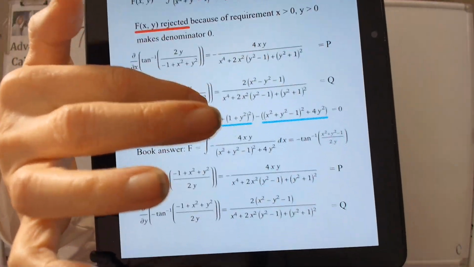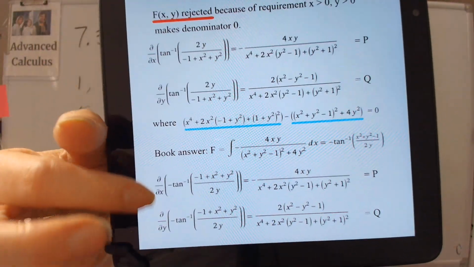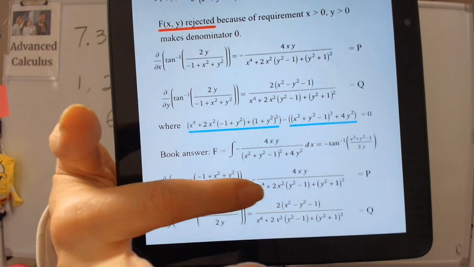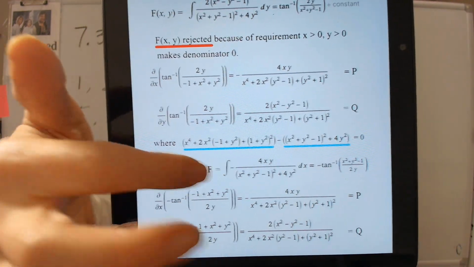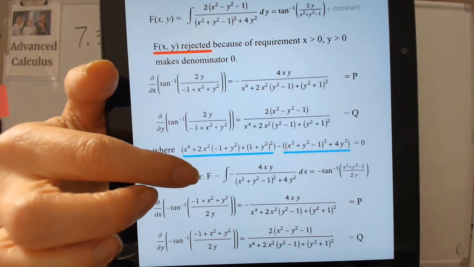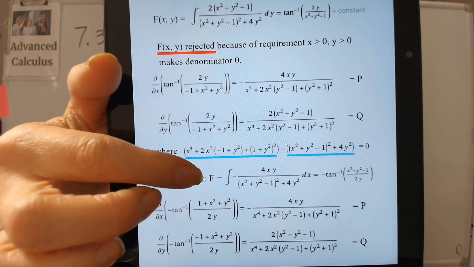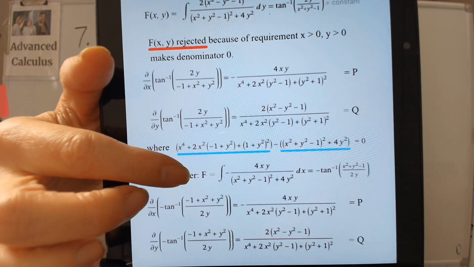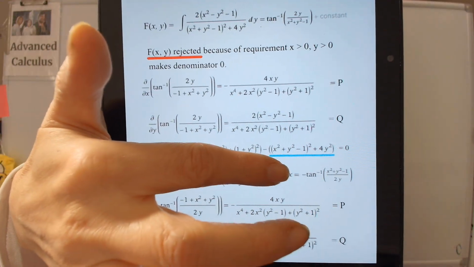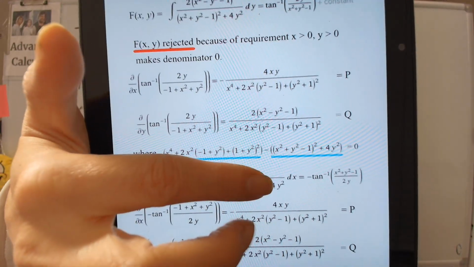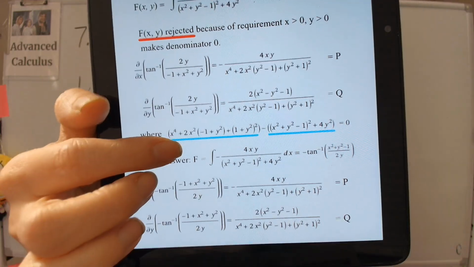But if you check the partial x and partial y, they do end up being the same as p and q. So that's the other one, by doing partial integration, which the Wolfram calculator is able to do. Okay, it's very clever. And I was able to come up with this function, in which case y is bigger than 0, so we don't have to worry about denominators.